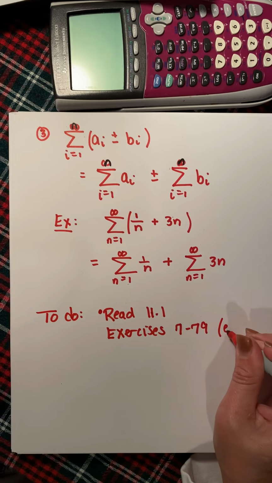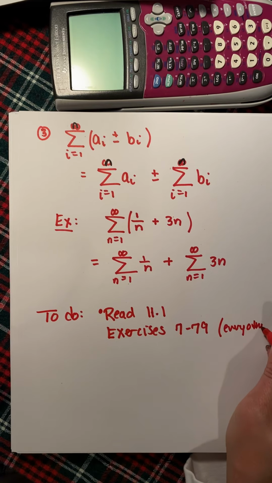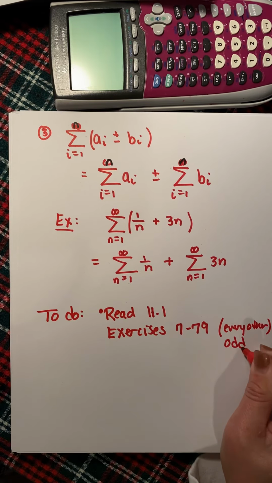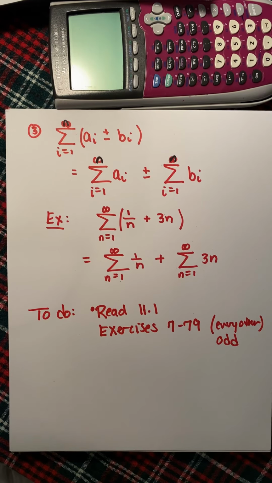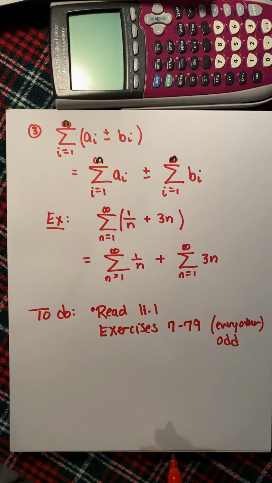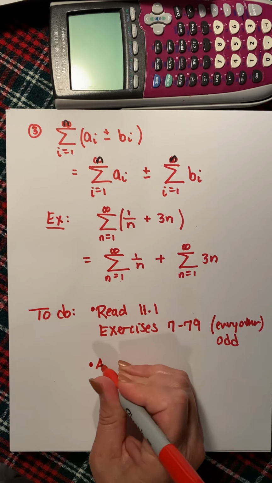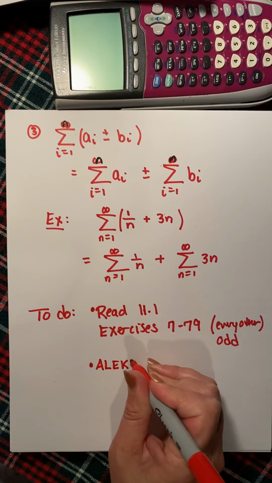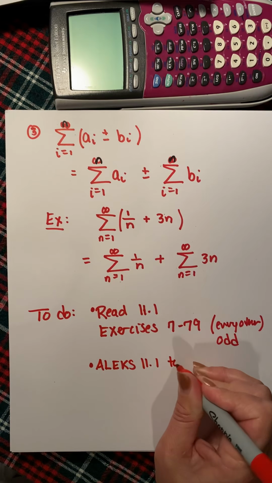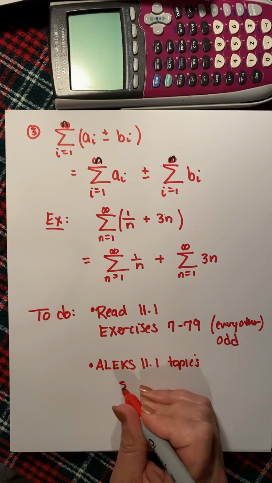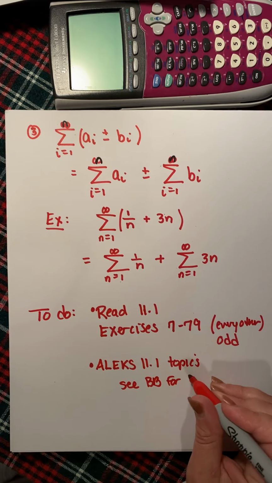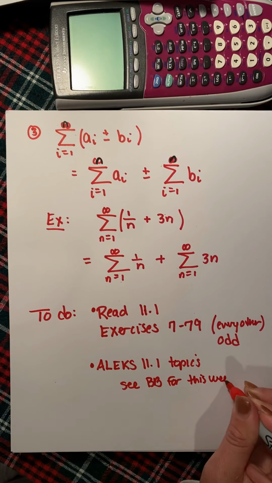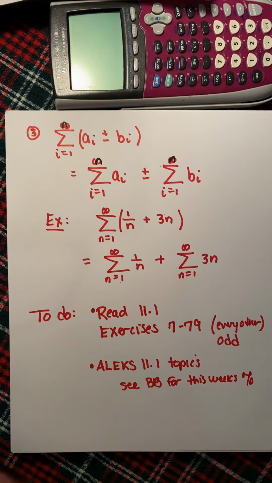I don't know, every other odd maybe. I mean, you can do every odd. The more problems you do, the better you will get at them. So I suggest doing as many problems as possible. And for your Alex percent, you can now work on Alex 11.1 topics. See Blackboard for this week's percent, because I forgot to write it down.